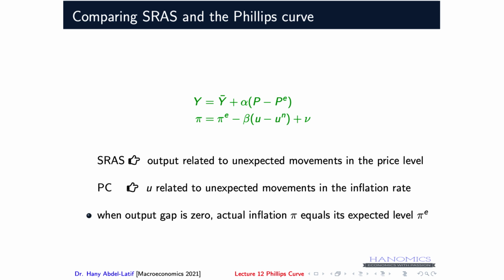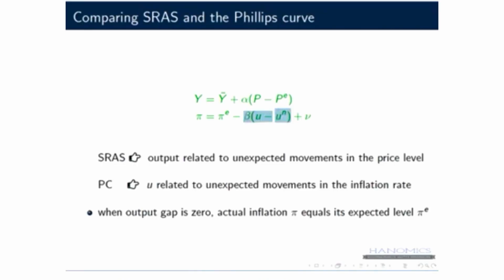That also means when the output gap is zero, the actual unemployment will be equal to the natural rate of unemployment. So this term will equal zero, which means the inflation rate equals its expected level, or the expected inflation rate.